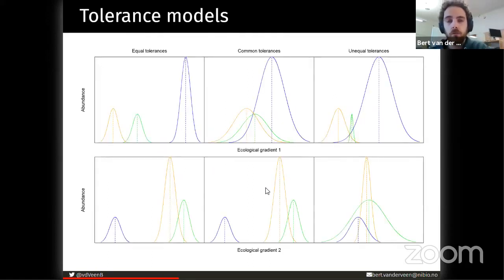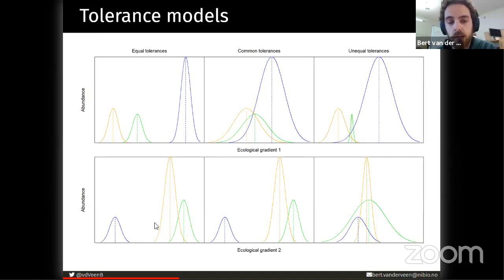So here I have three tolerances models where we have two ecological gradients on the x-axis and again, abundance or occurrence on the y-axis. The first row of plots shows the equal tolerances model, where we have unequal maxima, so the height of the curves, and optima on the ecological gradient for the species, but the tolerances are all the same.